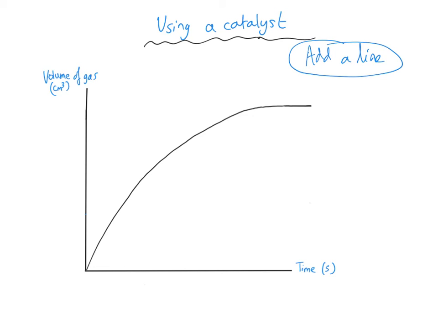So you need to consider what is different each time and what is going to be the same. And so if we use a catalyst, catalysts speed up reactions, but everything else is unchanged. And so the reaction here would therefore be faster. And so our gradient needs to be steeper, but it needs to level off at the same point.